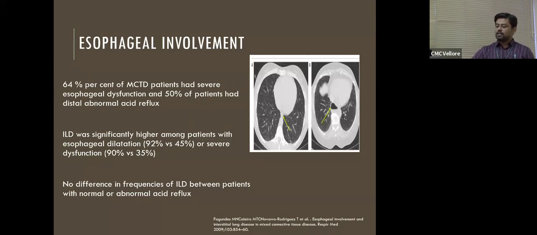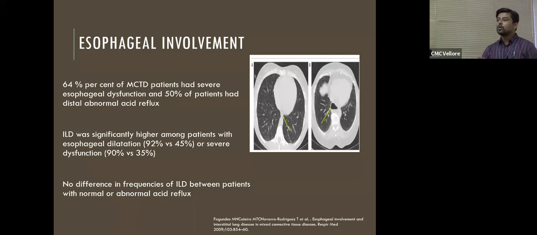However, it was the esophageal dilatation and dysfunction, rather than the pH, which was associated with the development of lung disease, ILD. So it tells you it's probably micro-aspiration happening with this disease, which may also be contributing to the development of lung disease.